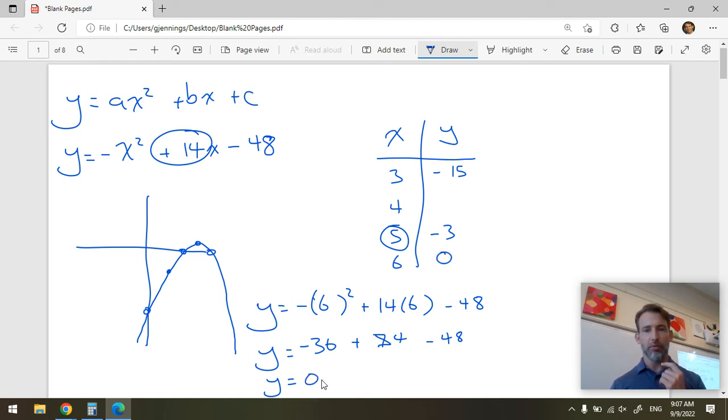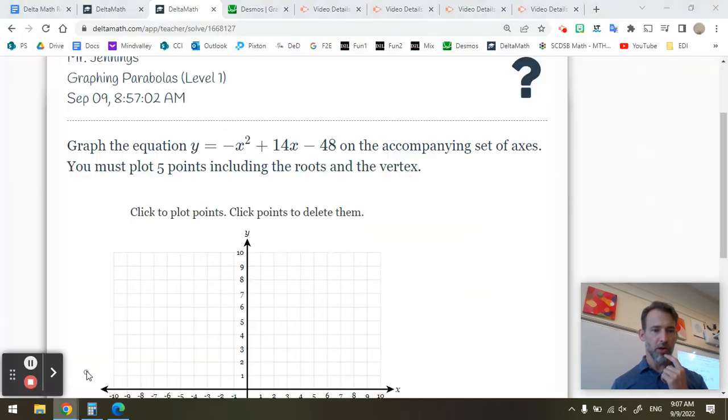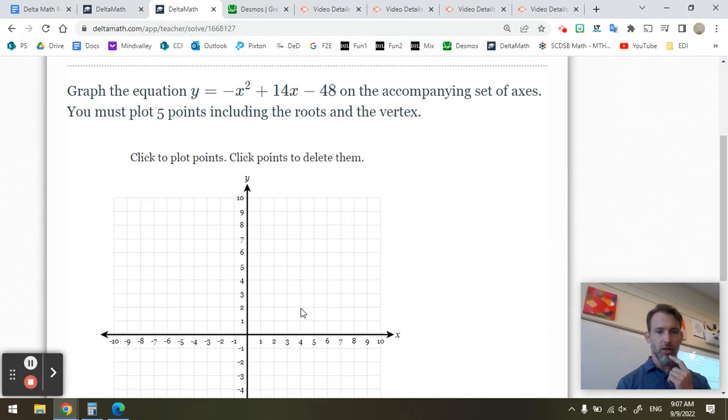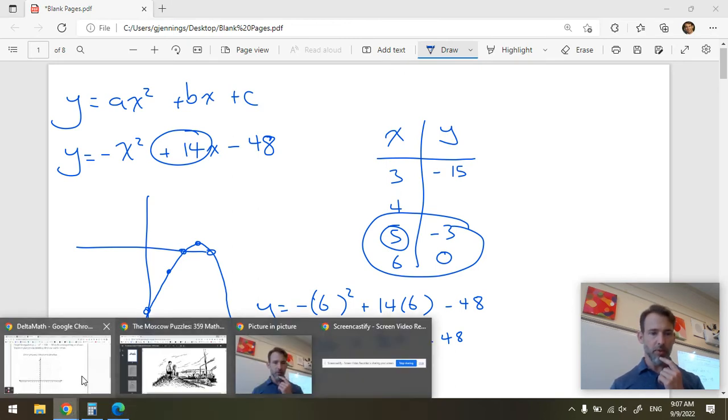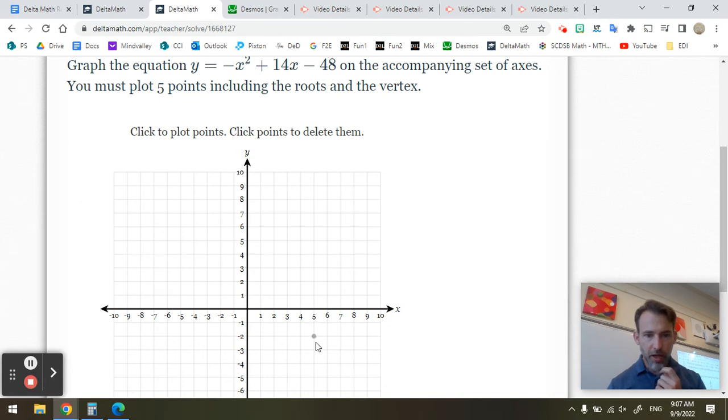So there, I found one of the roots. So let's put these points on and see what Delta Math is showing us so far. We had the points 5, negative 3, and 6, 0.